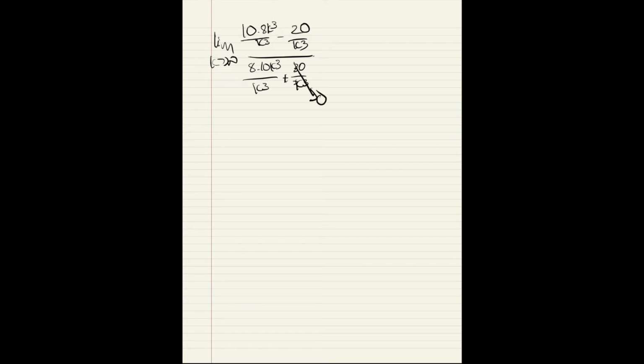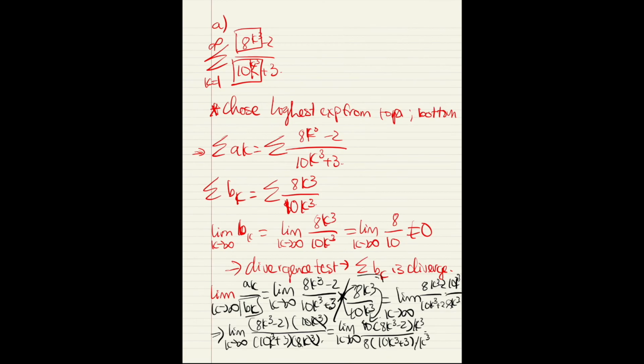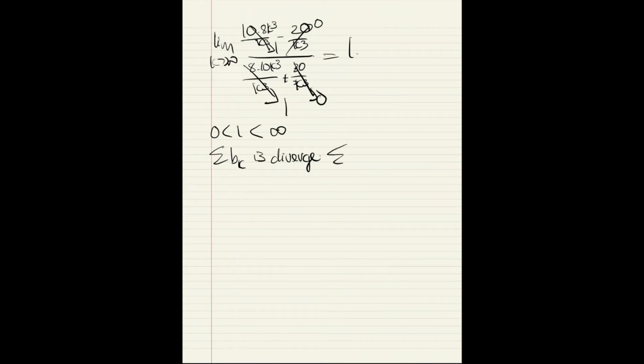This one goes to 0, this one goes to 0, this one goes to 1, this one goes to 1, so this equals 1. Since 0 is smaller than 1, smaller than infinity, and the series of b_k diverges, which we proved here, the series of a_k diverges.